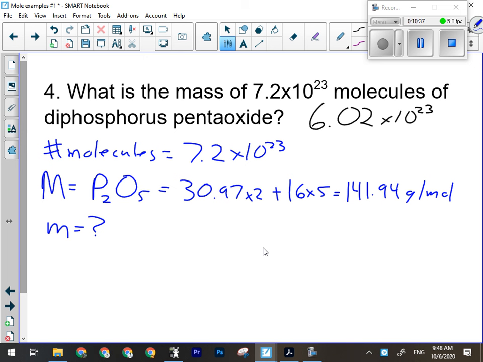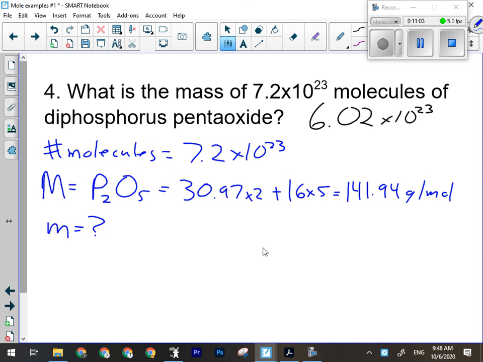Number of molecules divided by Avogadro's number will get me the number of moles. In the same way that if I tell you you have 24 donuts, you ask how many dozen do I have? 24 divided by the number in a dozen, 12. So in this case we go the number of molecules divided by the number in a mole. It'll get us the number of moles. Everybody follow there?